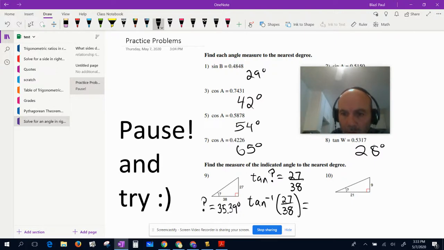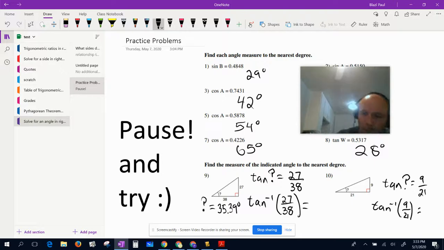This is also tangent. See the relationship? It's the exact same sides in relation to the angle. So this one's also tangent. So tangent of question mark equals opposite over adjacent. So inverse tangent of 9/21 is going to give me the angle, okay?